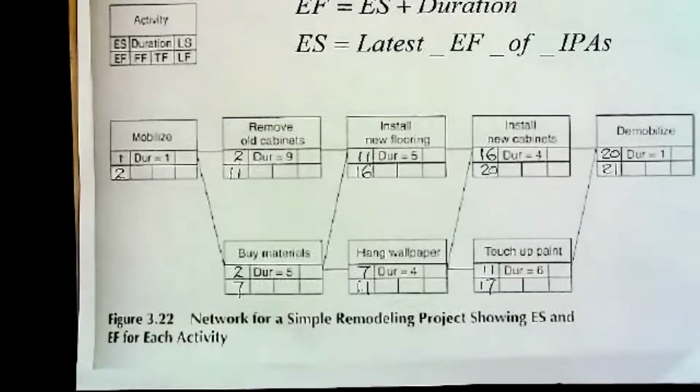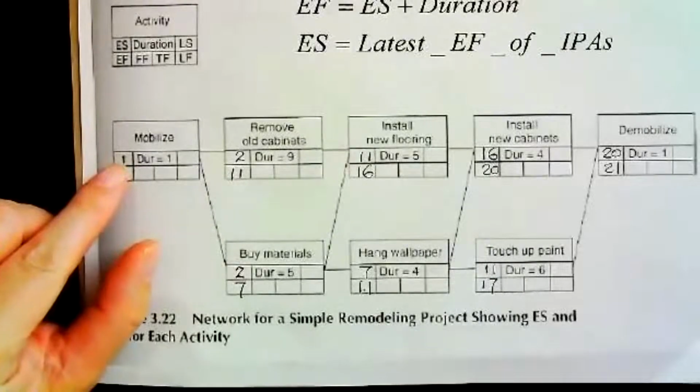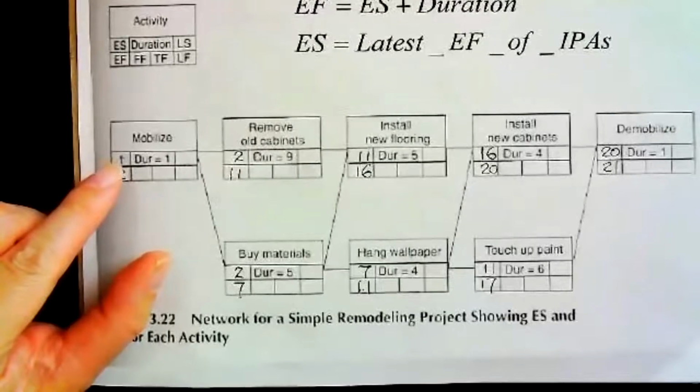Actually, I need to mention this. The system I showed you is called the morning time system. Why do we call it that? Because over here you can see my project starts on day 1. What time on day 1?